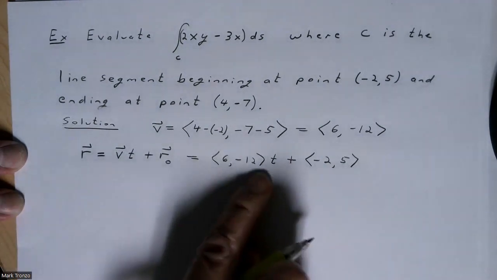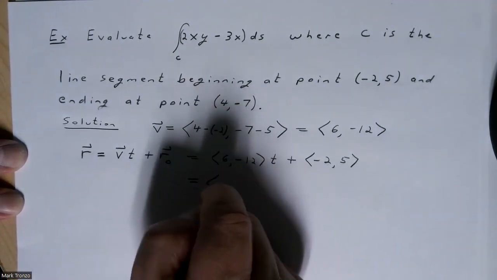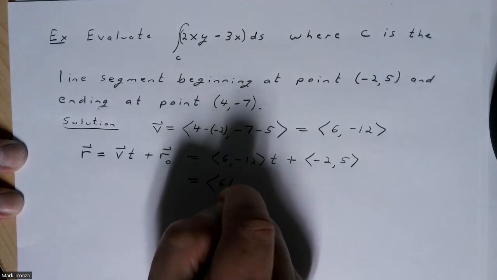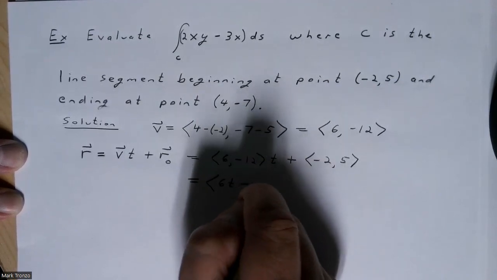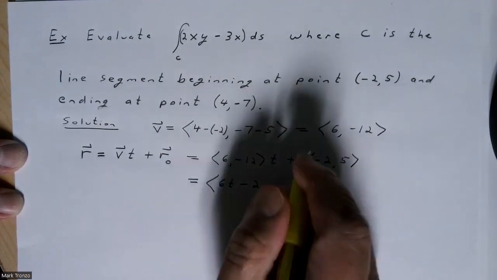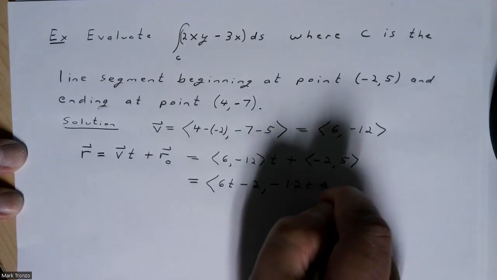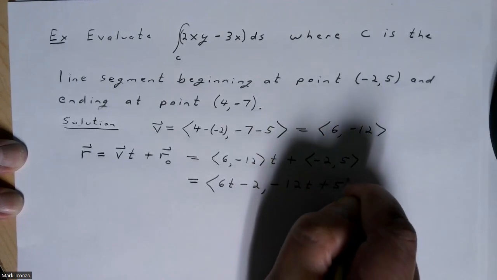Then if we multiply these out, this will be 6t minus 2. And this over here will be minus 12t plus 5.